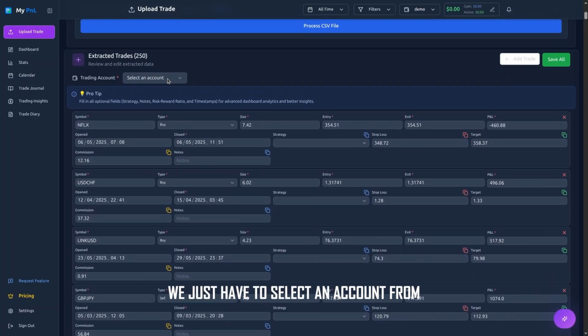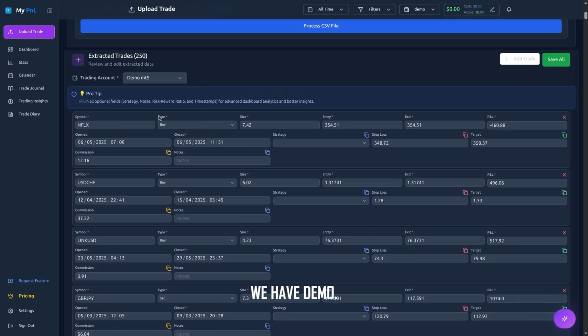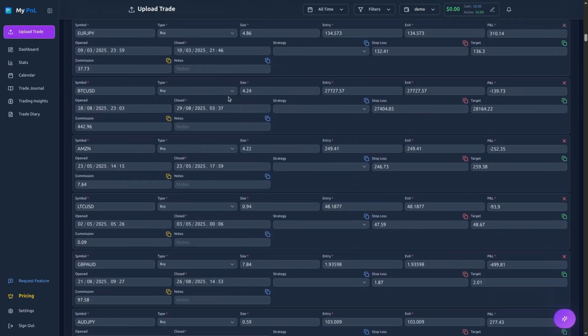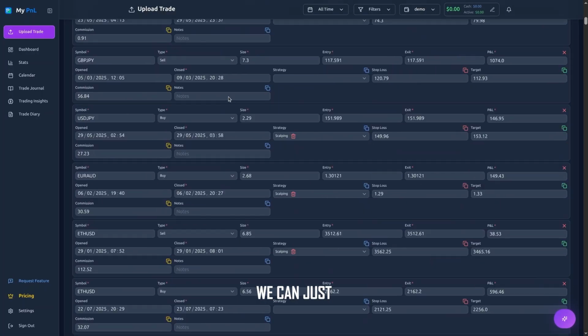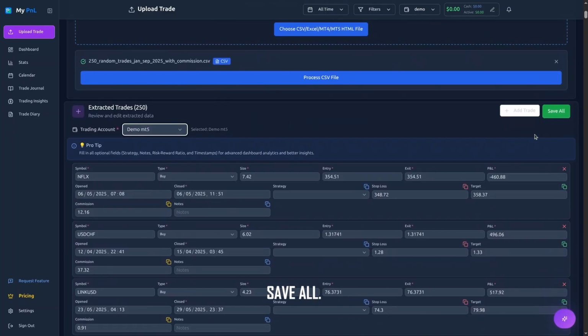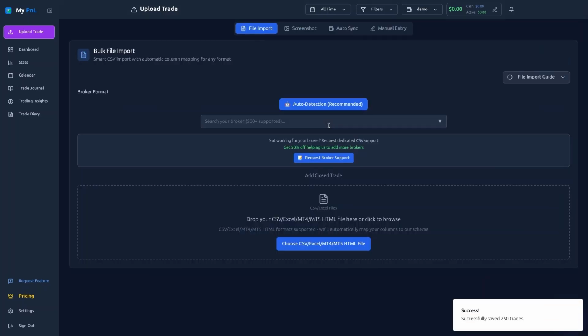We just have to select an account from here. We have demo, and then we can just save all. We have successfully saved 250 trades.